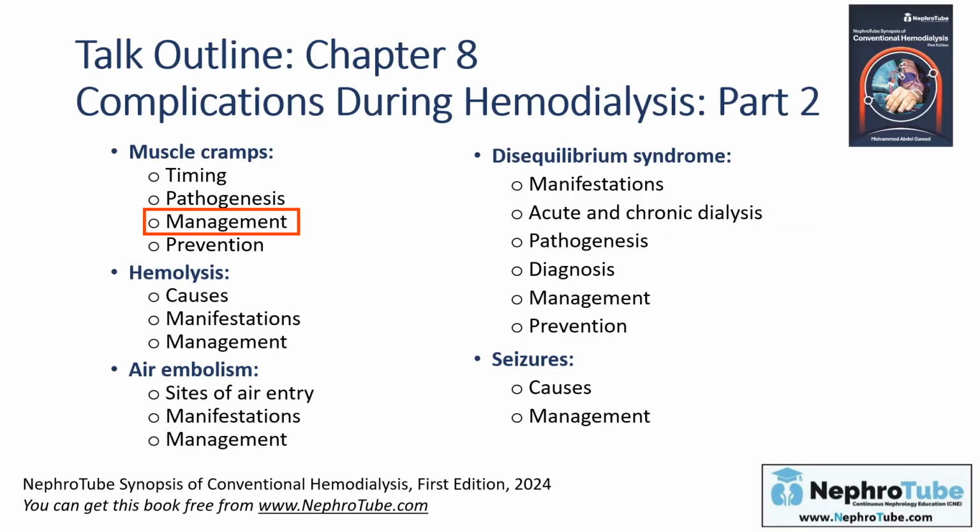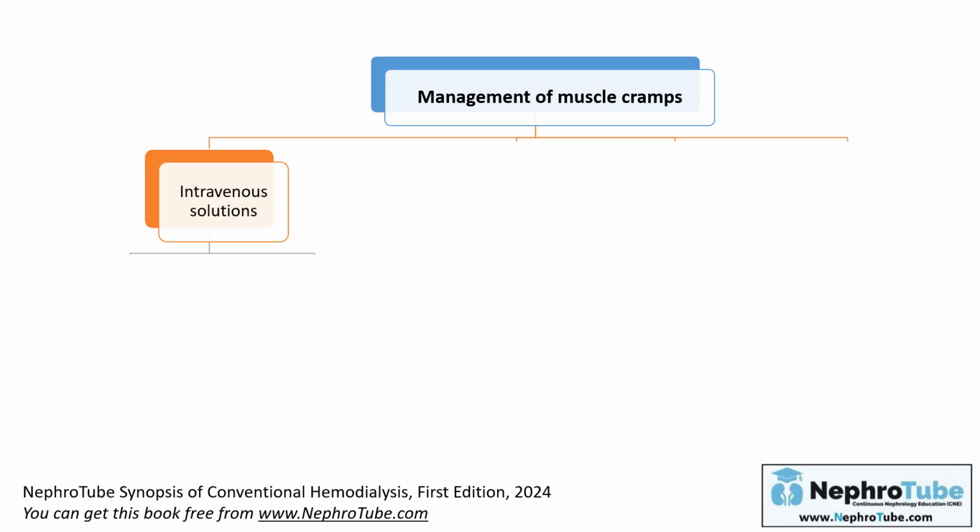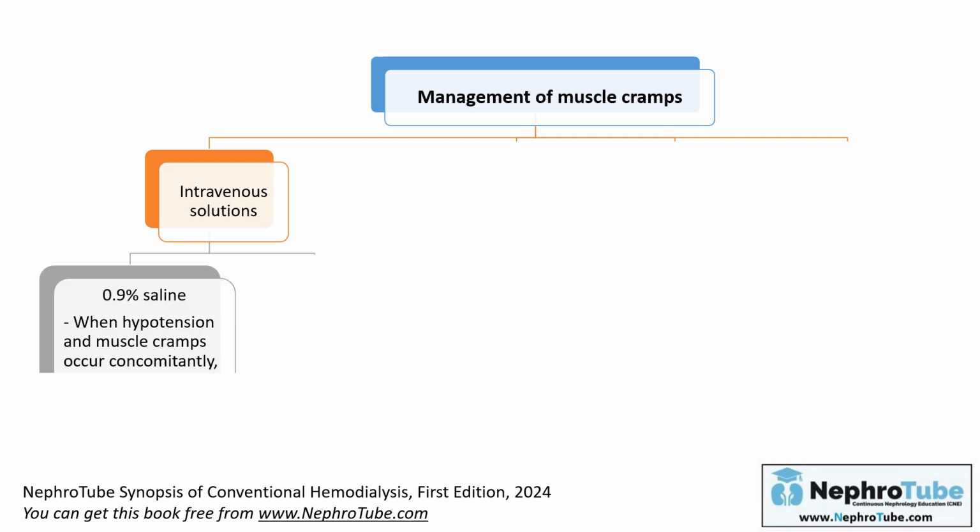Okay, what is the management of muscle cramps? First, you have to give intravenous solutions. If muscle cramps are associated with hypotension, treatment with normal saline, isotonic saline, can be used. But actually, it doesn't always resolve the cramps, as we mentioned that hypoosmolarity has a role in some cases.